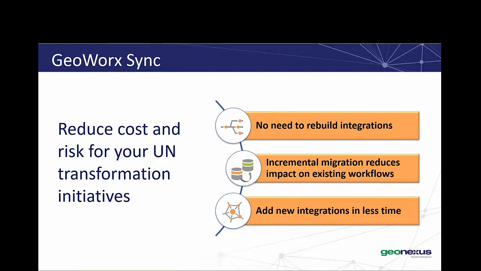In other words, you can migrate certain data sets, maybe certain applications over to the UN while keeping synchronized with your existing geometric network that may be there to support legacy applications or legacy users. So incremental migration, we feel that will help reduce the overall impact on your organization as you transition.